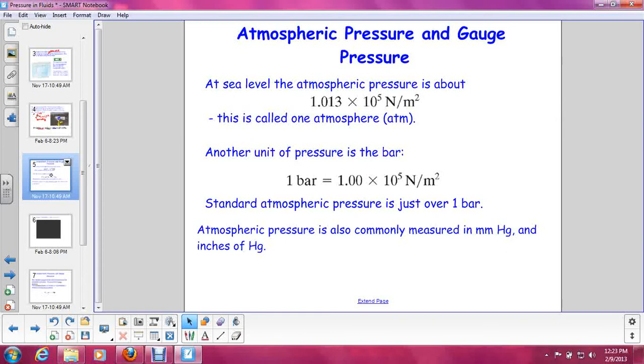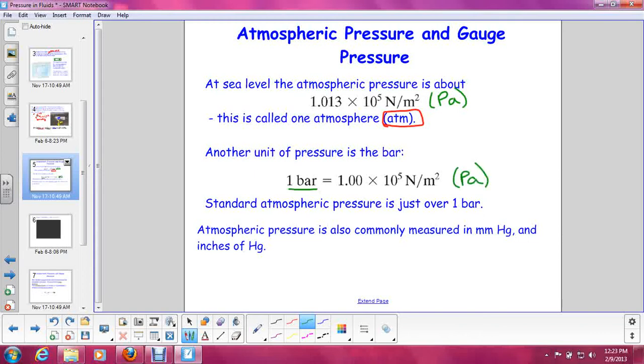Another unit of pressure other than the atmosphere, which is abbreviated ATM, is called the bar. And 1 bar is 1 times 10 to the 5 pascals. Remember, a Newton per square meter is a pascal. So they all kind of equate to one another here.